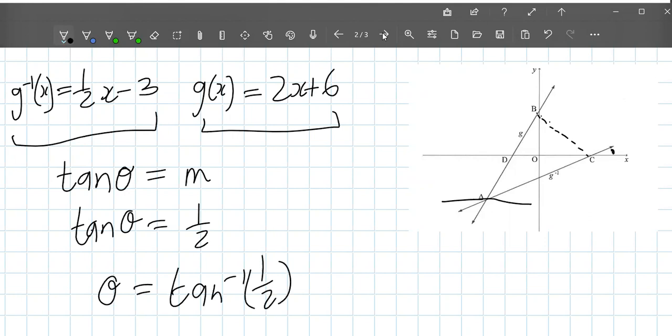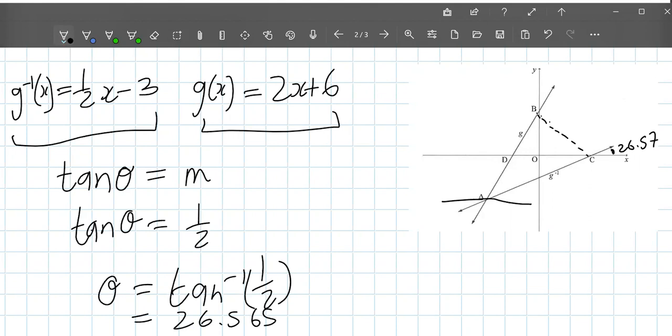Interesting that half comes up again there. Tan to the minus 1 of a half is going to give us around 26.57, or 26.565.